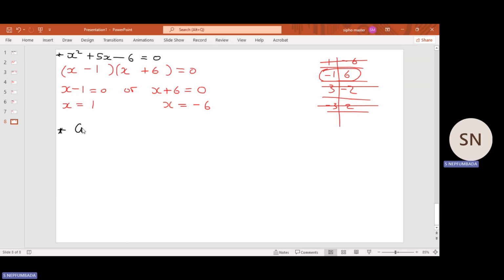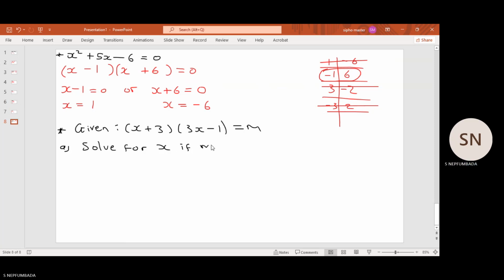They say, you are given x plus 3 multiplied by 3x minus 1 is equals to m. Number A, they say solve for x if m is equals to 0.